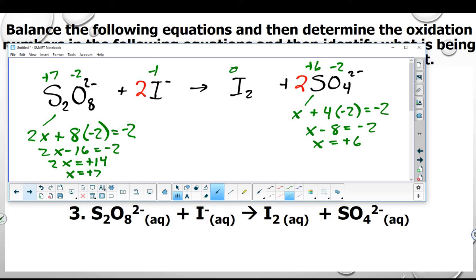Okay, so you did have to do a little bit of algebra on that one. It wasn't quite as easy to find the charges, but you only had to do 2 sets of algebra equations. So if they get a little hairy like that, write it down. Do the algebra for it. I didn't just all of a sudden in my head try and figure it out. Probably could have with the SO4, but I wanted to just see how I was doing it. Okay?